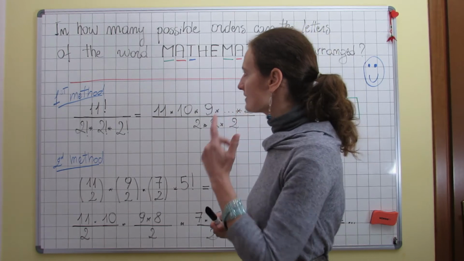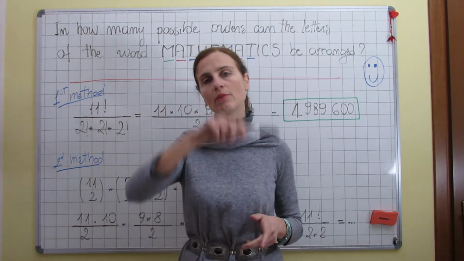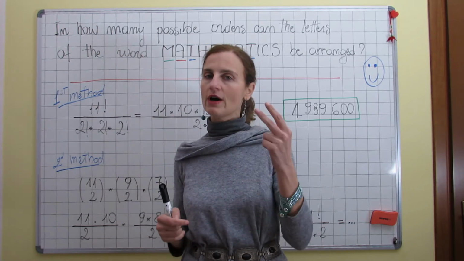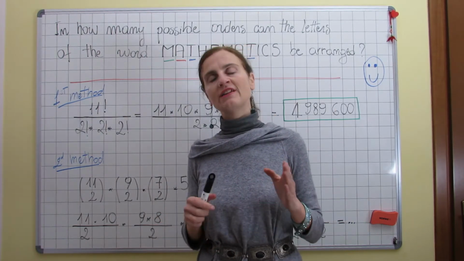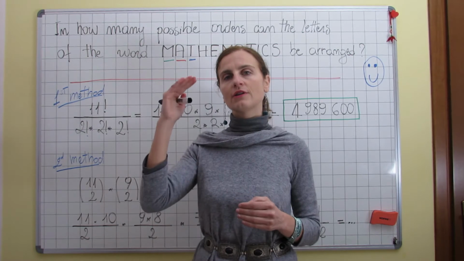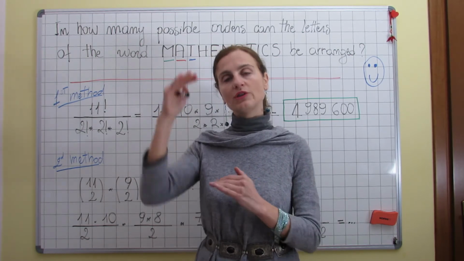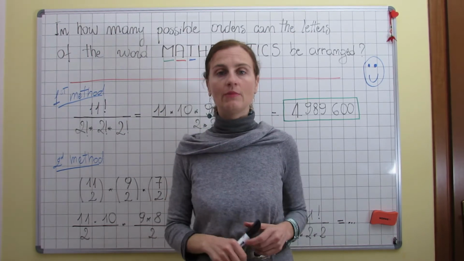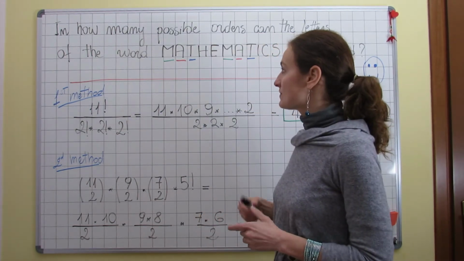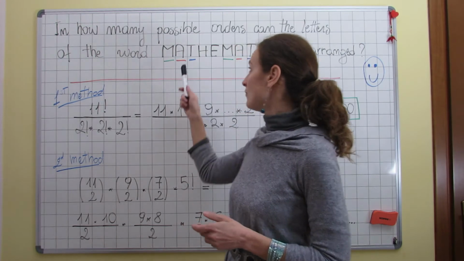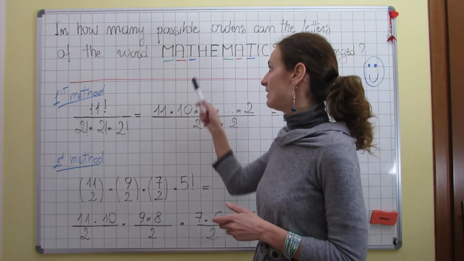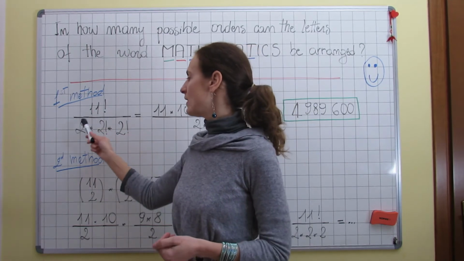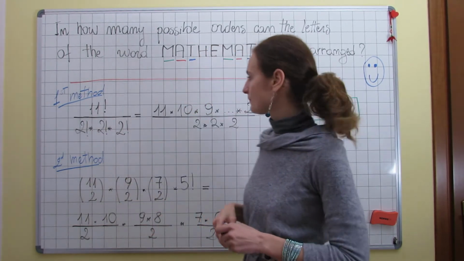So you realize that actually you have double counted. You have counted every permutation twice because you have identified two of them as two different elements when actually they are the same element. The same reasoning can be done for the double A and for the double T. So this is the reason why you divide this way.